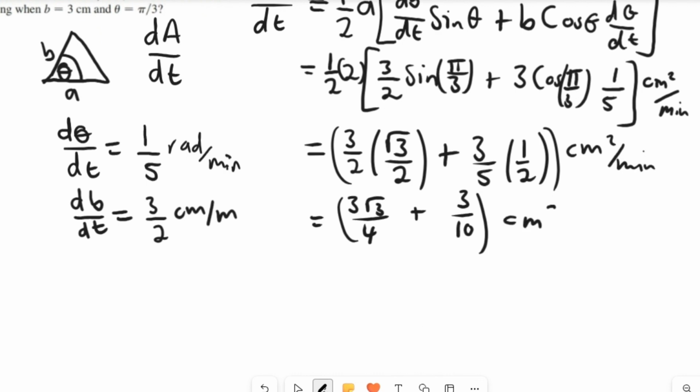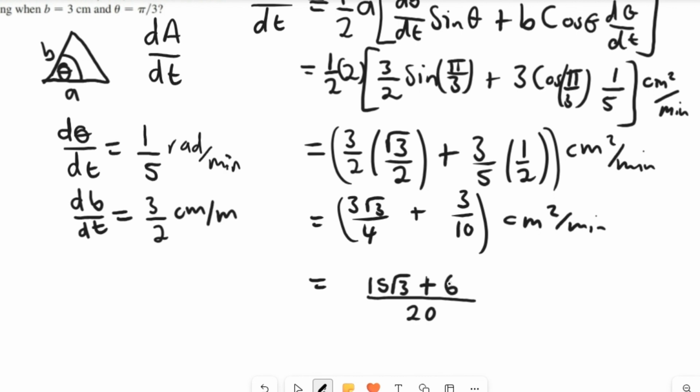At the bottom, we have the denominator as 20, the lowest number that both 10 and 4 go into and leave nothing. So 4 goes into 20 five times. 5 times 3 is 15 root 3. 10 goes into 20 twice. 2 times 3 is 6. So you have there, this one is the final answer.